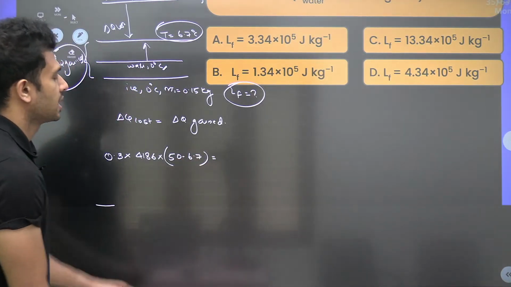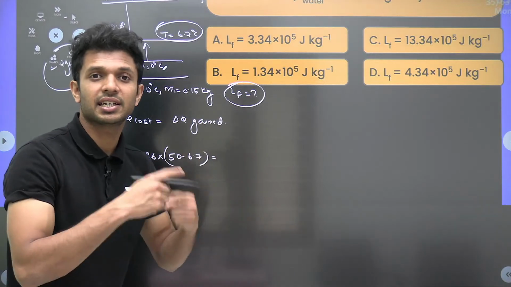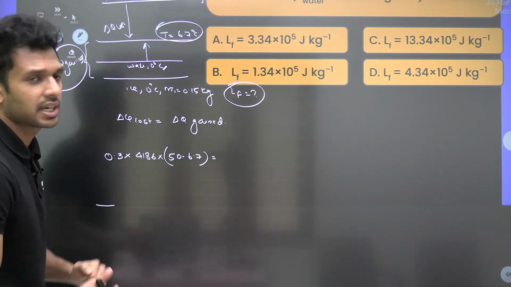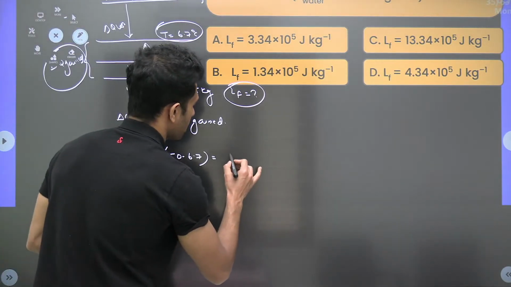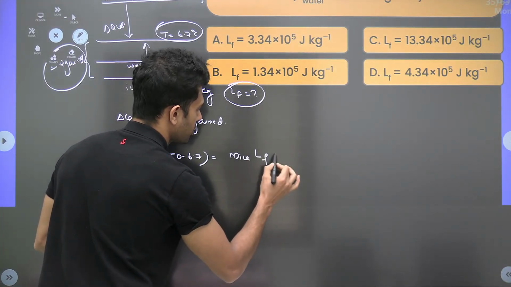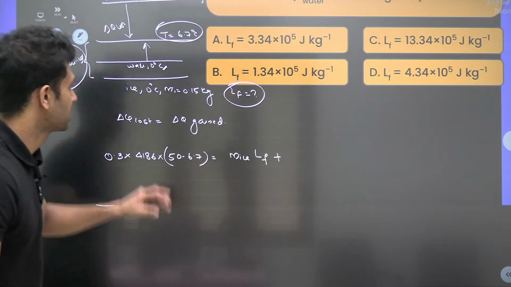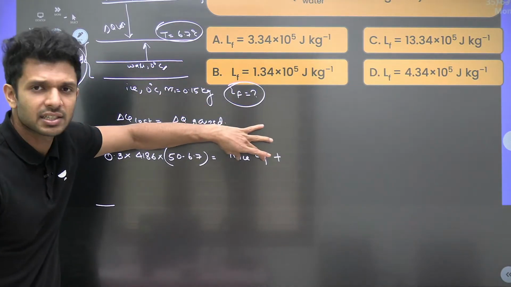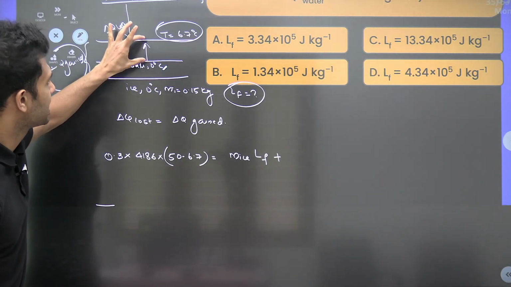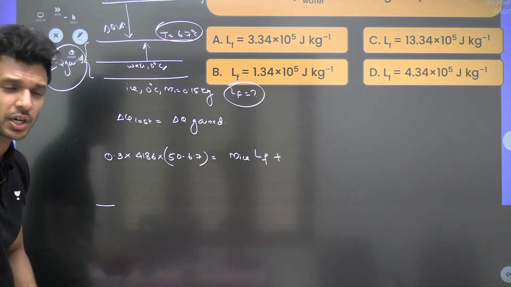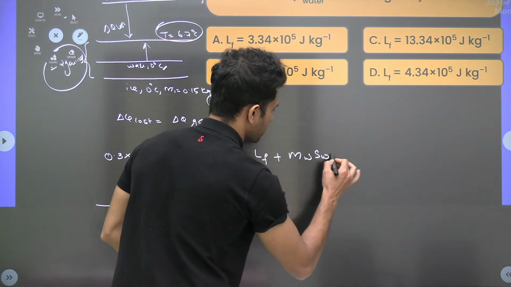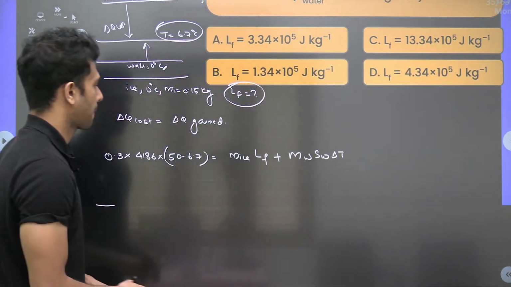This is equal to the heat energy gained. How much did it gain? Initially ice at 0 becomes water at 0, so the heat energy gained is equal to mass of ice into latent heat of fusion of ice, plus, after it became water, water at 0 degrees Celsius will increase its temperature to 6.7. The formula for that is mass of water into specific heat capacity of water into change in temperature.